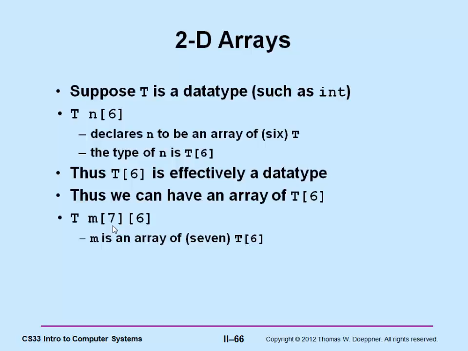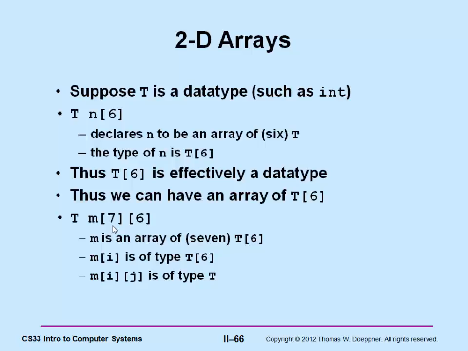In this case, the variable name is m. So m of i is something of type t of 6. Each of these m of i is an array of 6 t's. And then m of i j, you take that one step further, and this is something of type t.